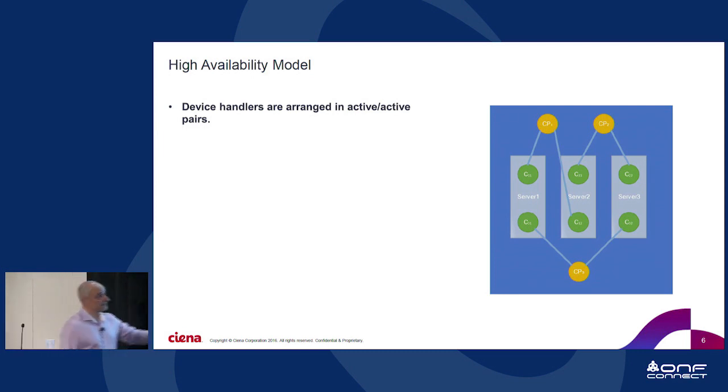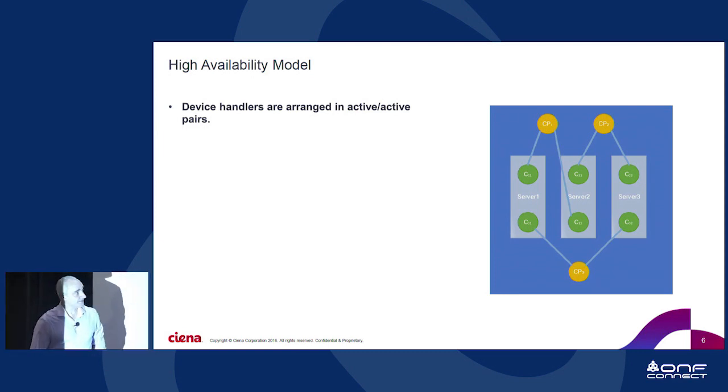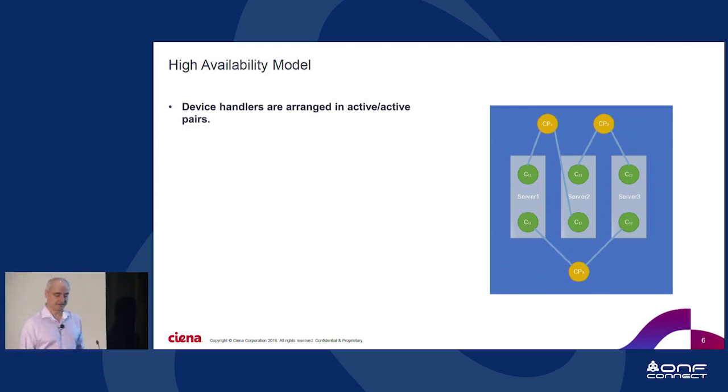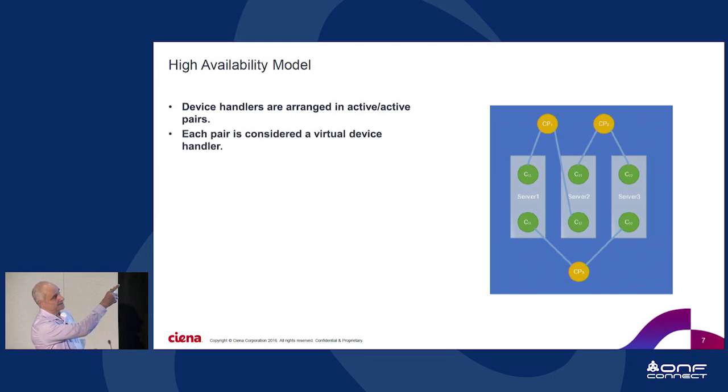So each one of those two core device handlers is redundant, and the guy up above is a virtual device handler. Okay, and what happens is that each one of these guys will actually distribute the call across them, and we'll see this in a minute.